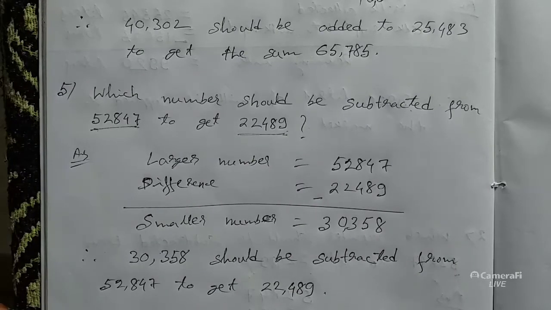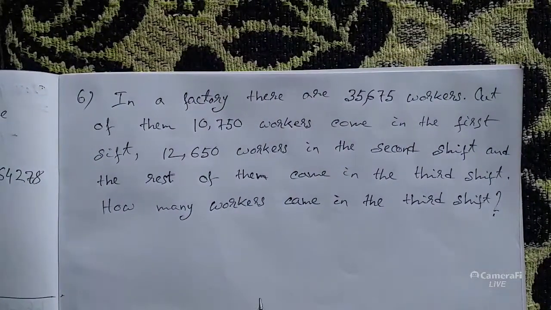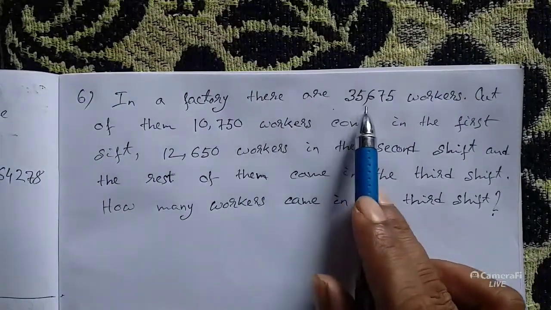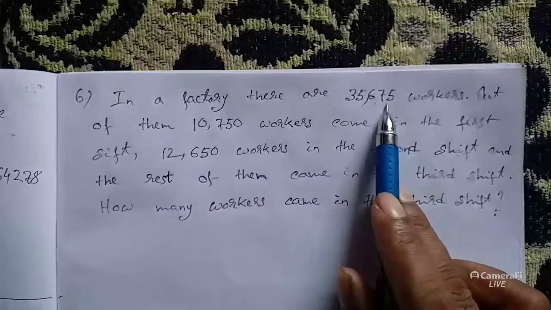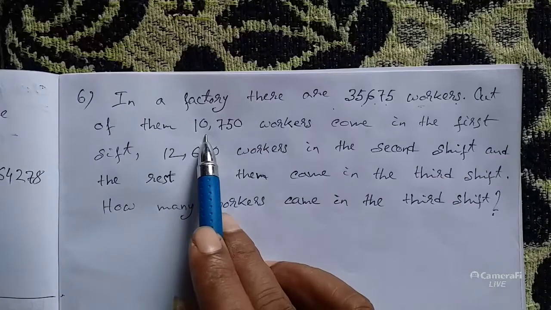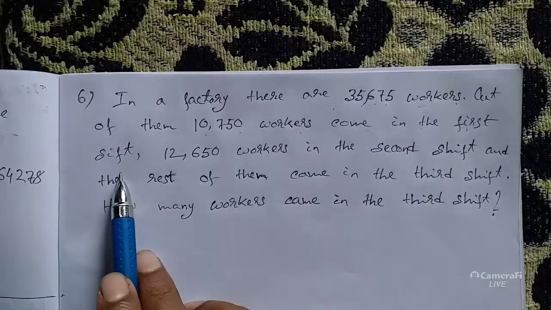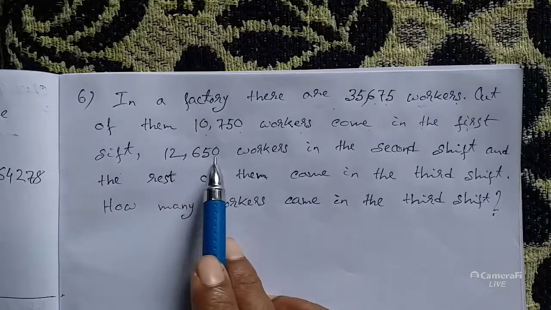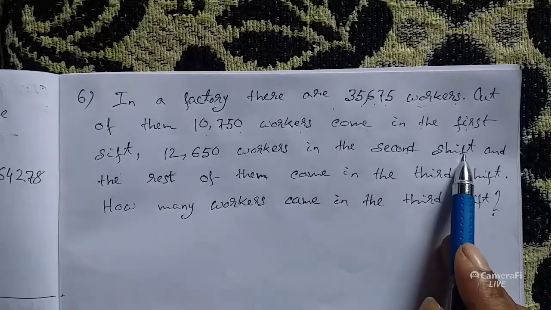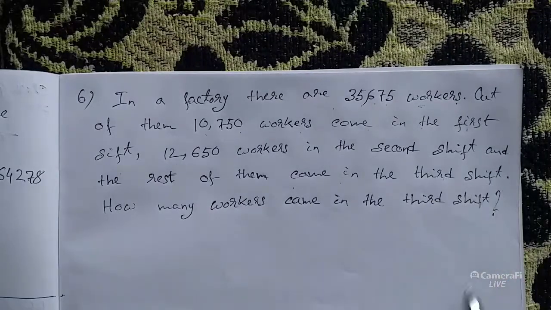Coming to the next word problem. Here, number 6. In a factory there are 35,675 workers. Out of them, 10,750 workers come in the first shift, 12,650 workers in the second shift, and the rest of them come in the third shift.